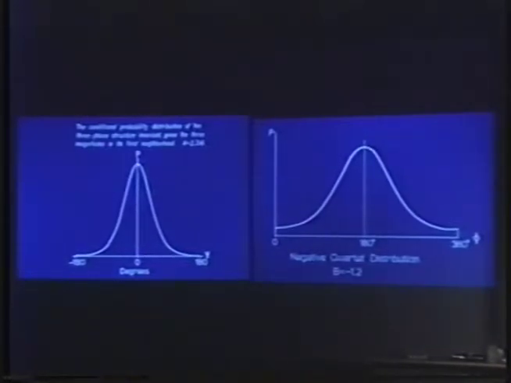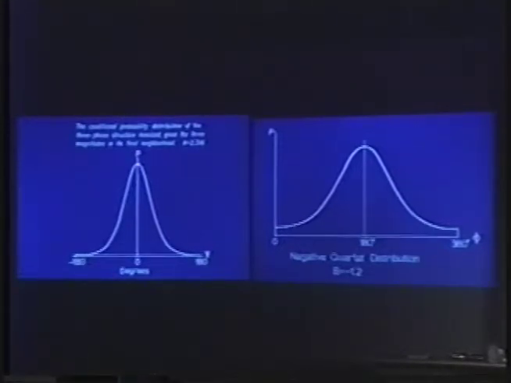Since the parameters A here and B here are rather large, the variance of the distributions are both rather small, and the estimates of the cosines are reliable.